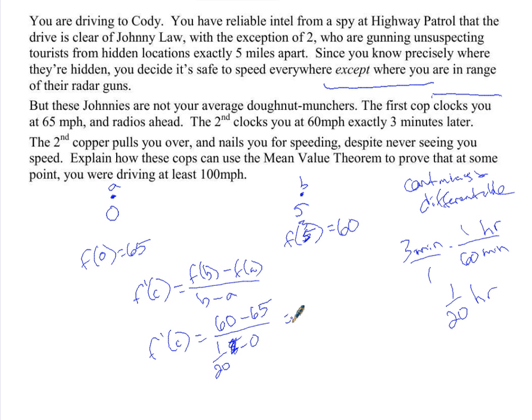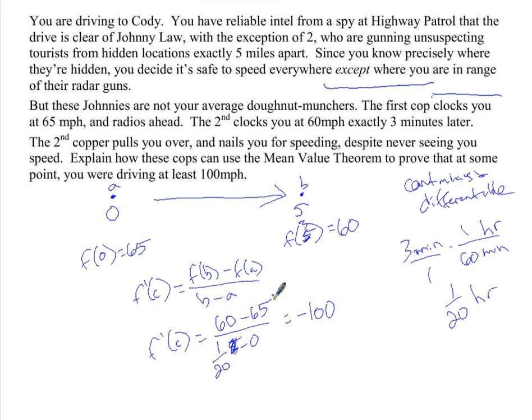Yeah, the negative kind of making me mad here, but the reason that it's negative 100 is probably because we've set this up backwards from what it should have been. But that's okay. So we have a speed of negative 100, which we know can't be. So it must be positive 100, because we can't have a negative speed, right? Okay, so 100 is our average rate of change here.